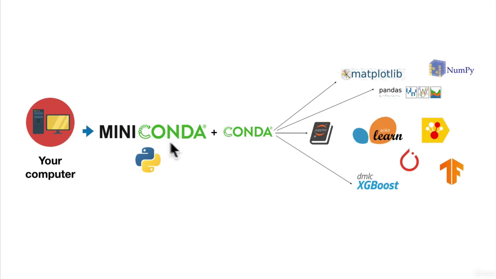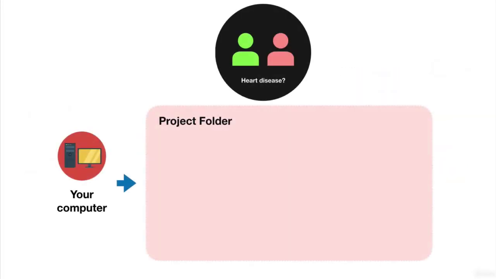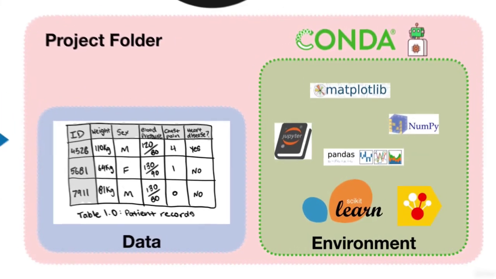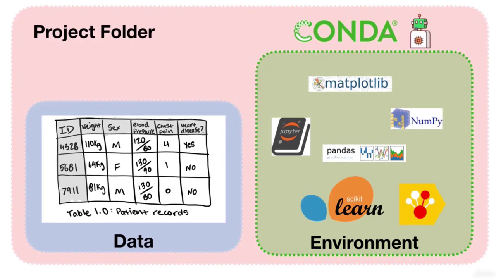When you download Miniconda and subsequently Conda, Conda gives you the ability to create environments. You'll hear a lot of these in different projects that you're working on. Let me give you an example. A workflow for our classifying heart disease project might involve starting with our computer and then creating a project folder which contains the data we're using, patient records, and the tools we're using for our machine learning project.